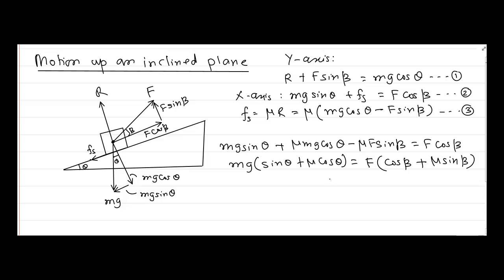Therefore F is equal to mg sine theta plus mu cos theta over cos beta plus mu sine beta.